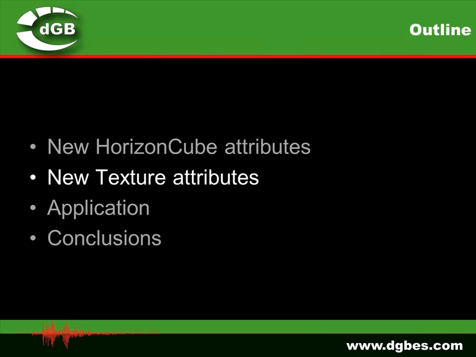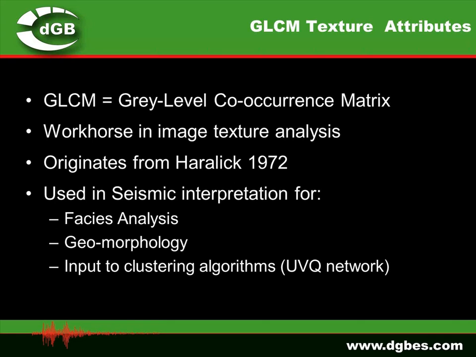Another kind of attribute that has been developed in OpendTect is the texture attributes. Texture attributes are used for pattern recognition, and they are based on the idea that areas with a similar signal character are related to the same geological depositional system.